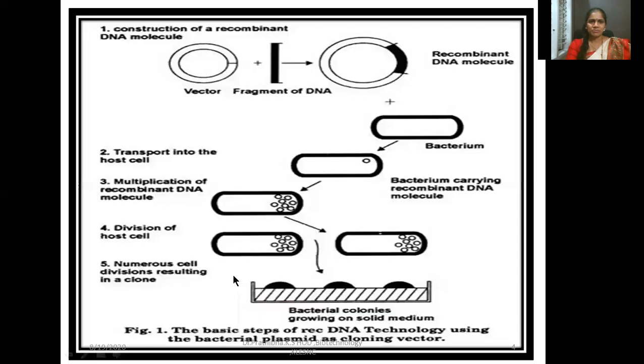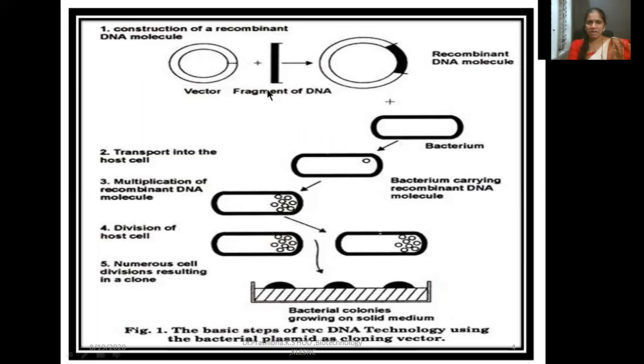Now let us go through the basic steps of recombinant DNA technology using the bacterial plasmid as cloning vector, a pictorial representation. Step 1, construction of a recombinant DNA molecule. For that we need the vector. Then we need the fragment of DNA or foreign DNA, a desired or target DNA.